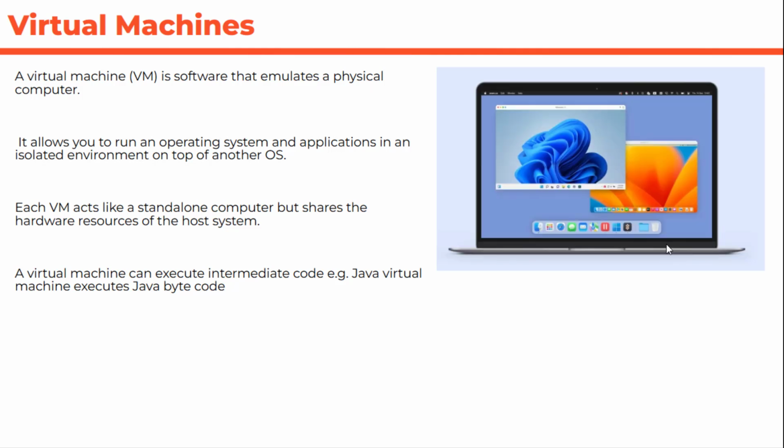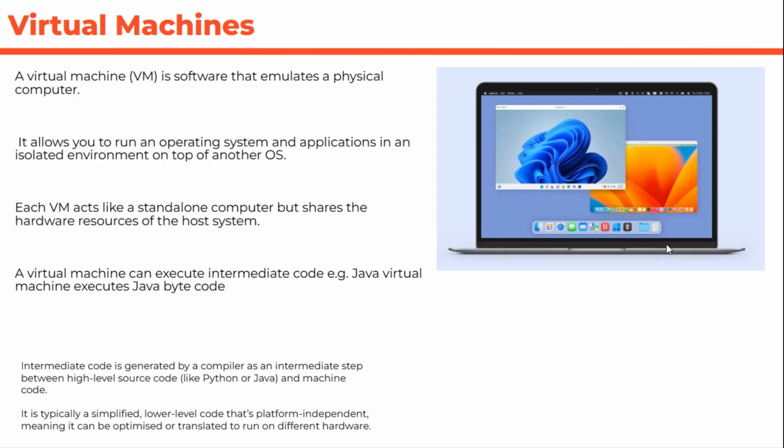I used to run a piece of software called Parallels on my laptop, and it would run all kinds of Windows devices when I used to only own a Mac, for example. So we use the word there, intermediate code. An intermediate code is generated by a compiler, which is a form of translator, which you should have covered by now. And it's generated by our computer.